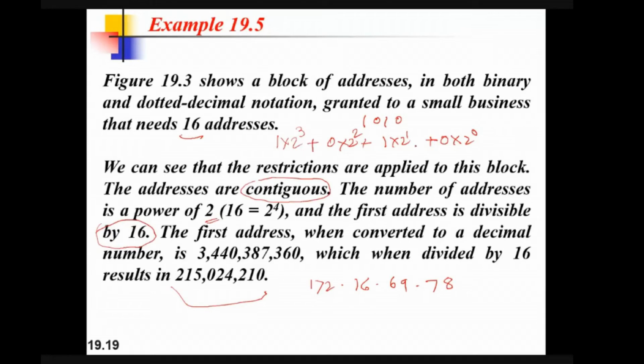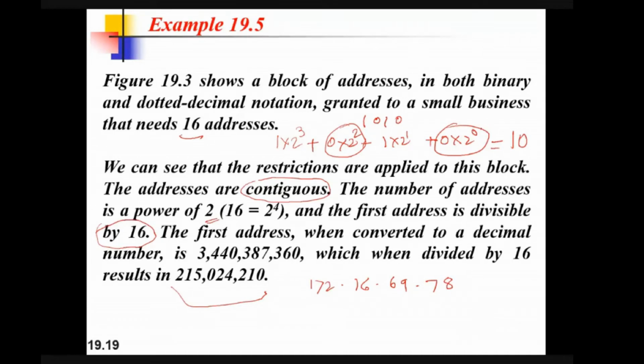So in this way you convert this. The 0 terms become 0, since 0 into anything is 0, so you are not required to calculate. 1 into 2 raised to 1 is 2, and 1 into 2 raised to 3 is 8. So 8 plus 2 is 10. Like this we convert this binary number to a decimal.